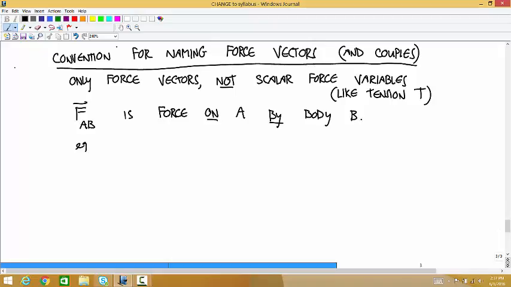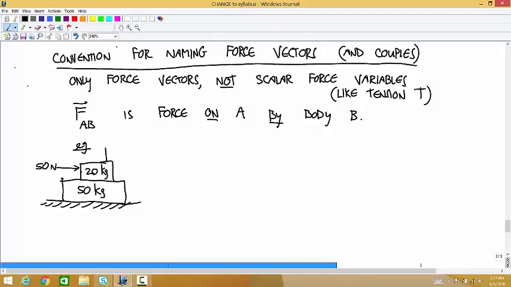Okay, so here's an example. Let's say that you have a 20 kilogram block resting on top of a 50 kilogram block. And those are resting on the ground. And then you have a 50 Newton force pushing to the side on the 20 and a downward force of 100 Newtons pushing on the top.